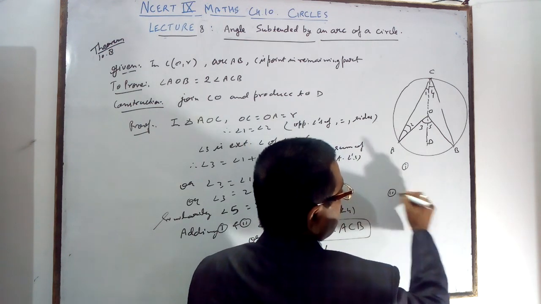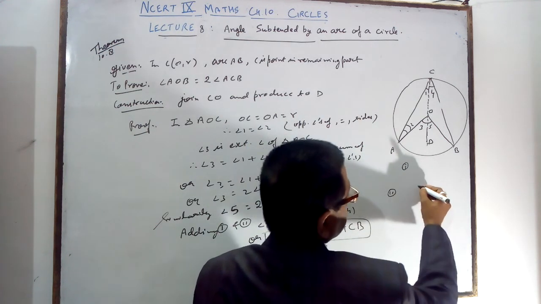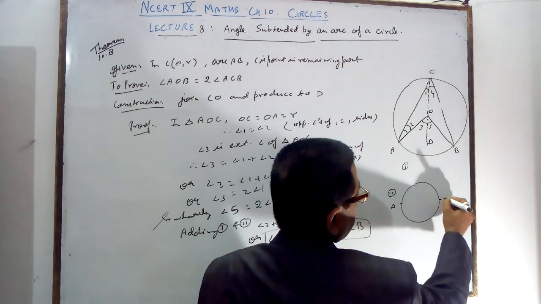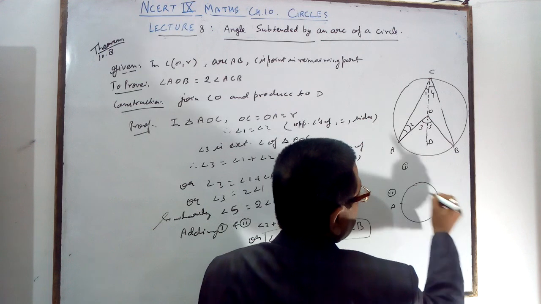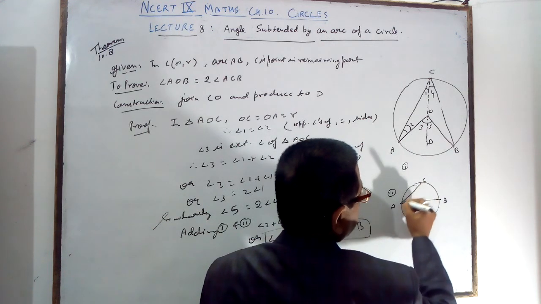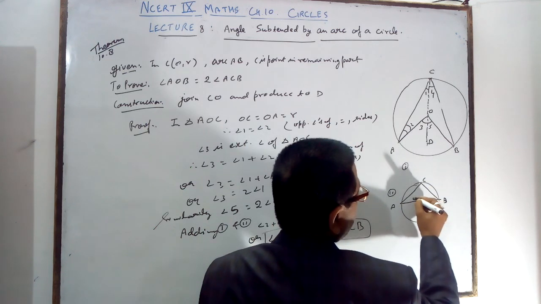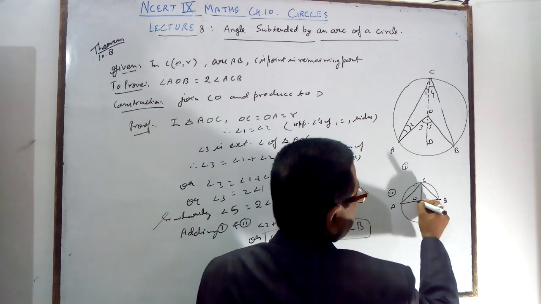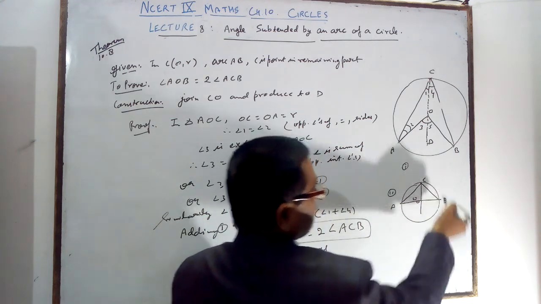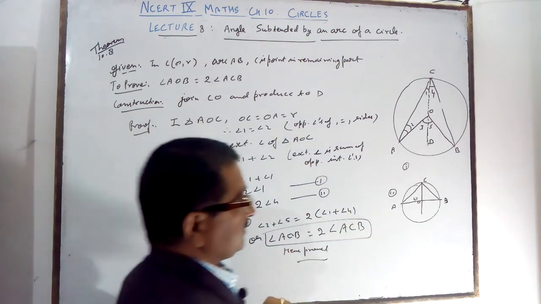It has given two more figures, but in all the cases you will get the same thing. If AB is a semicircle, then you will get again the same thing. Here is the O, you will produce it, and the same process follows. Angle AOB is twice ACB. It is for the semicircle.